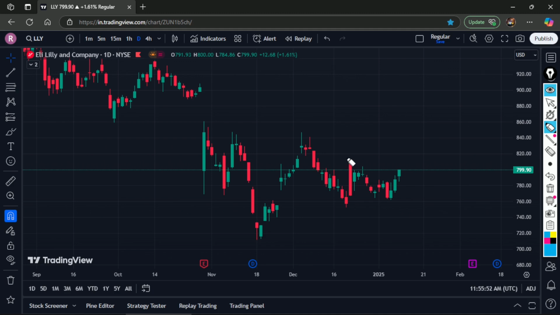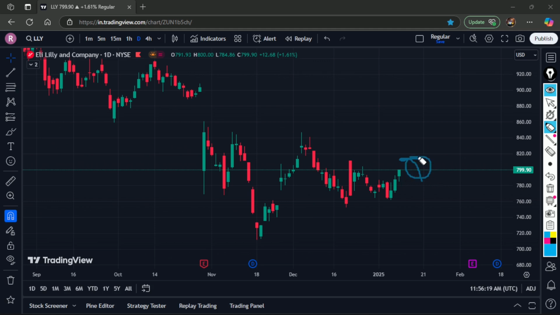Now in LLY, see what's happening here: for 3 days continuously, green bullish candles have been made. So if it goes upside, I am not too interested, but if it opens with a gap up and then comes down, then I'm interested in the selling side.